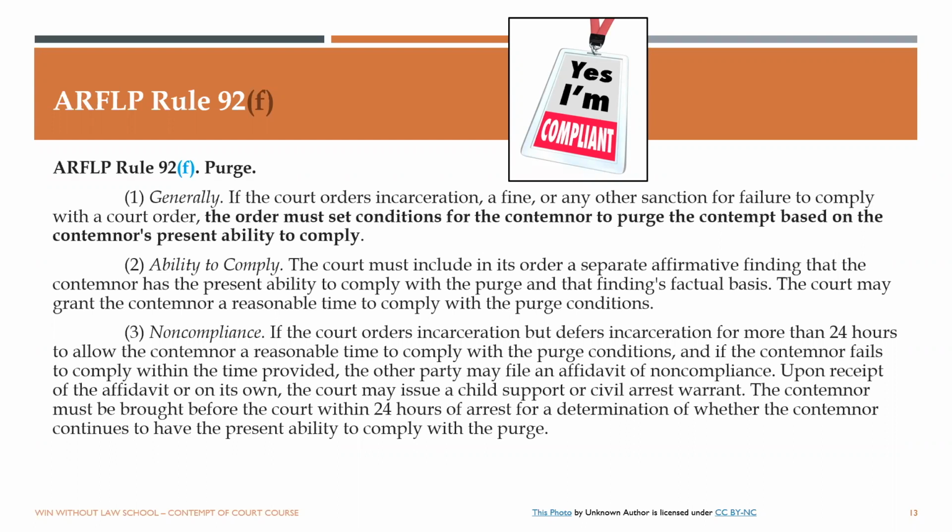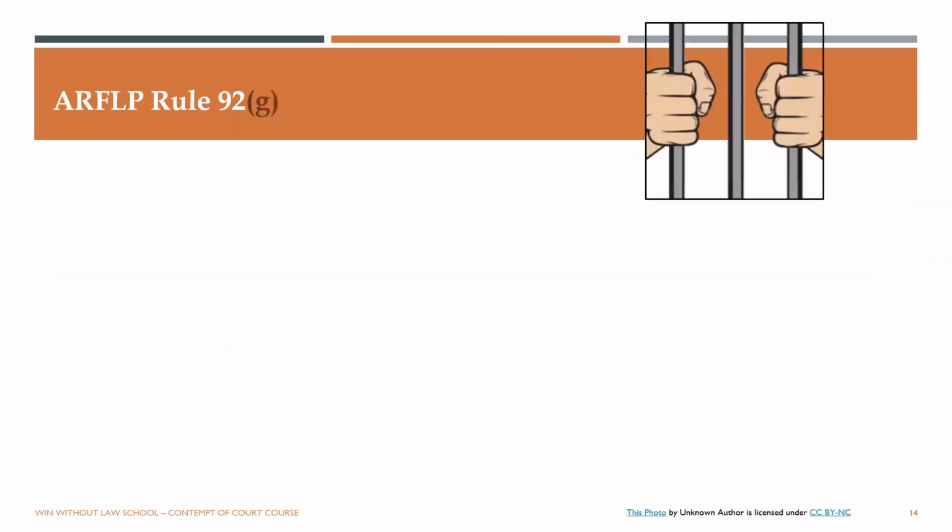The contemptor may be brought before the court within 24 hours of arrest for a determination of whether the contemptor continues to have the present ability to comply with the purge. Now, this subsection 3 is going to apply in a very limited number of cases, but this is the process if the court orders incarceration but defers it for more than 24 hours.